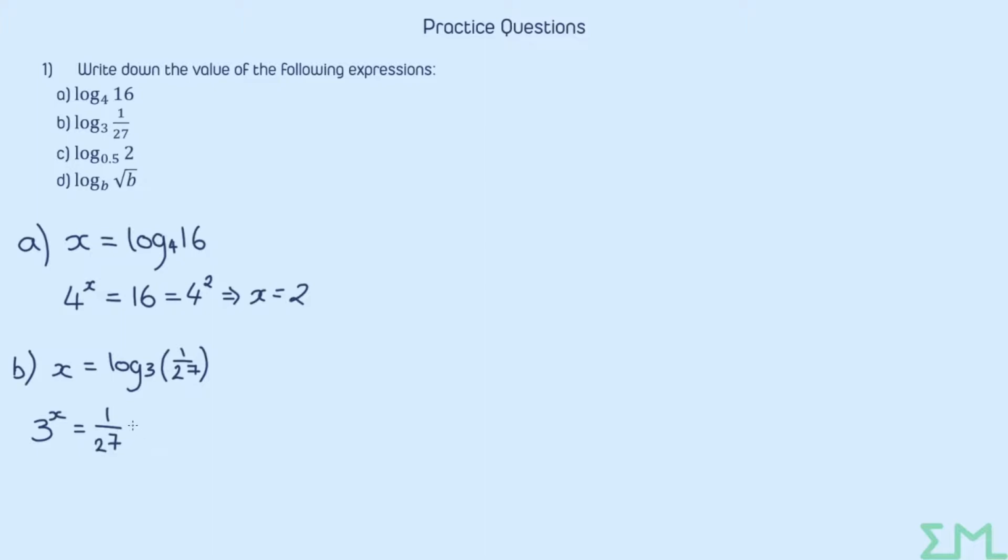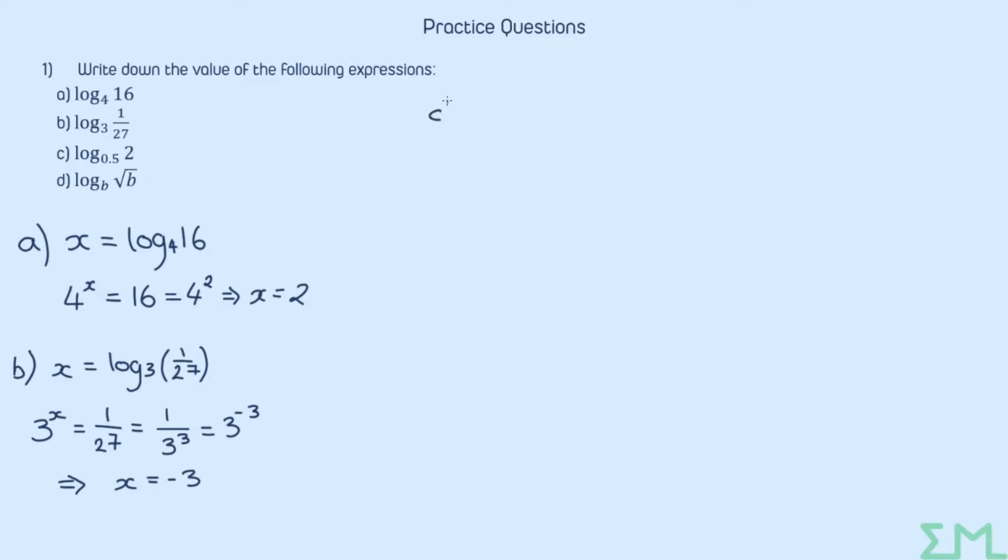Now we can focus on the 1 over 27 and think, okay, how can we rewrite this as a power of 3? 27 is 3 cubed. To get rid of the reciprocal, we would need to introduce a negative power, so 3 to the negative 3. Then we can just compare the powers, seeing as the base number is the same, and get x equals negative 3.